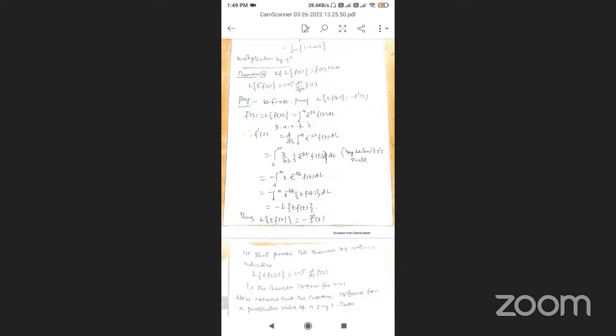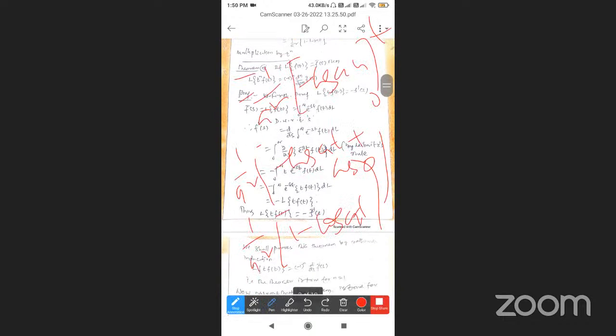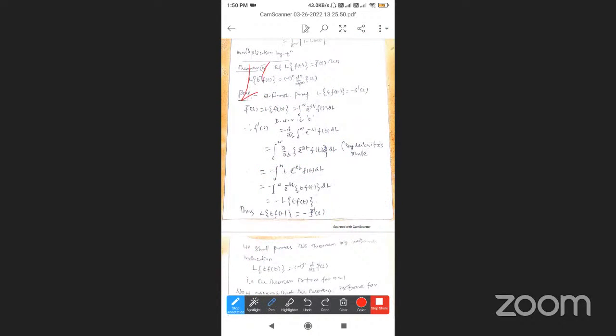If the Laplace transform of f of t is equal to f bar of s, then the Laplace transform of t power n into f of t, the formula we know, is minus 1 whole power n, d power n by ds power n of f bar of s. So f bar of s is the Laplace transform.